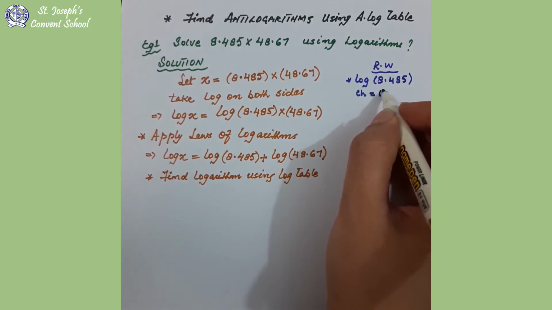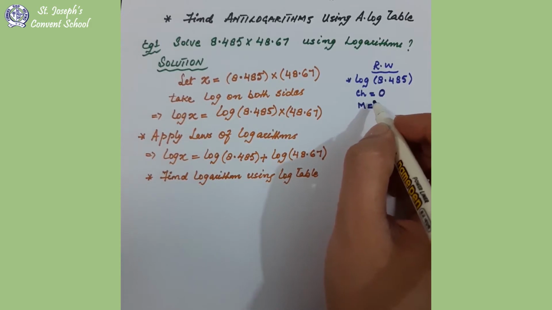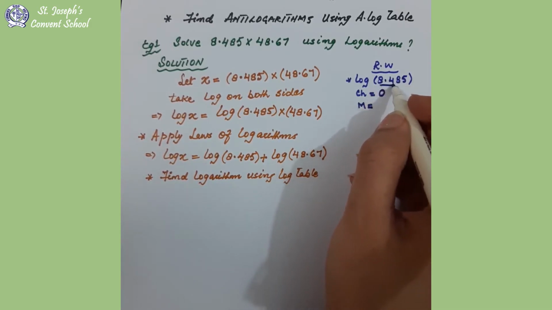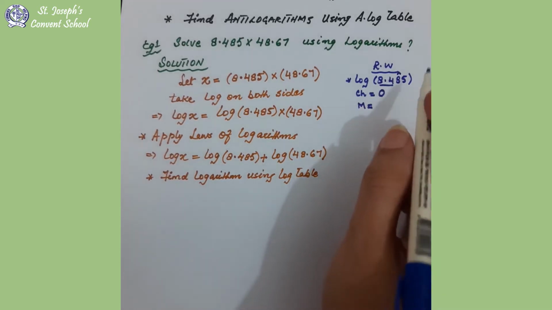So characteristic is 0. Mantissa you will check using the log table, so you have to ignore the decimal. You will check 84 in column 8. Okay, 84 horizontally, keep the scale under 84, column 8.